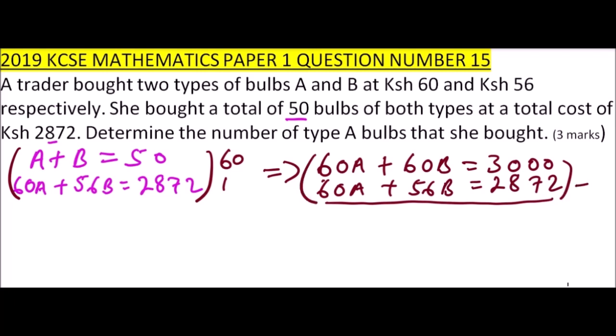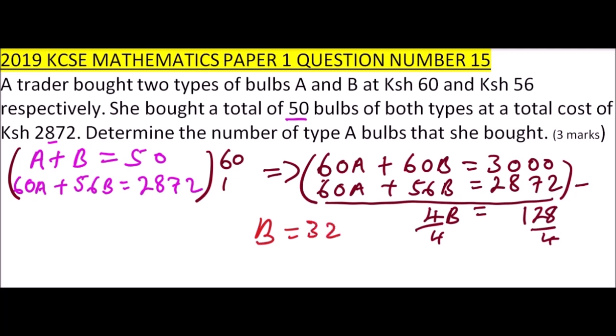Then we subtract the second equation from the first, and the A terms become 0. 60 minus 56 is equal to 4B, and 3,000 minus 2,872 gives you 128. If you divide both sides by 4, you get B equals 32.